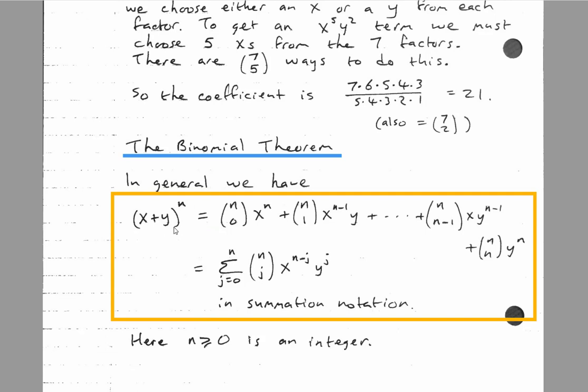So if you have x plus y to the power n, where n is any non-negative integer, then it expands into this sum. So it's n choose 0 x to the n plus n choose 1 x to the n minus 1 y to the 1.